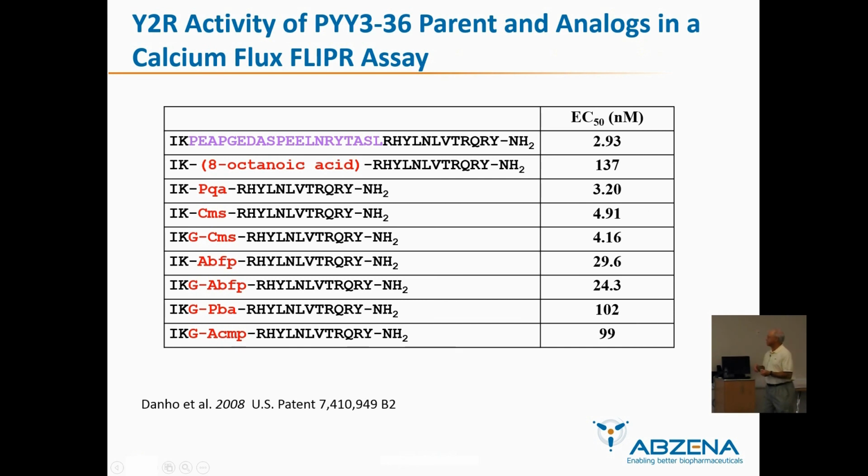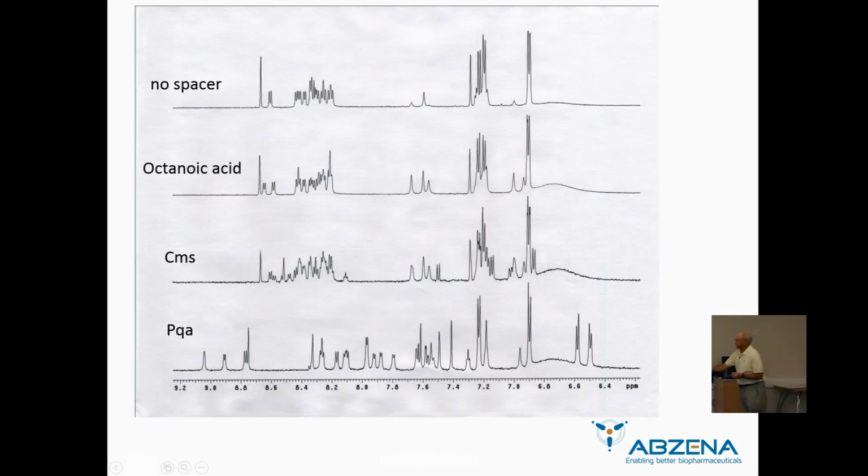Then we incorporated them into the peptide, where we are removing residues 5 through 24 and just substituting in this organic spacer. And these did have activity, and the best of these was this PQA spacer, which is the most potent.